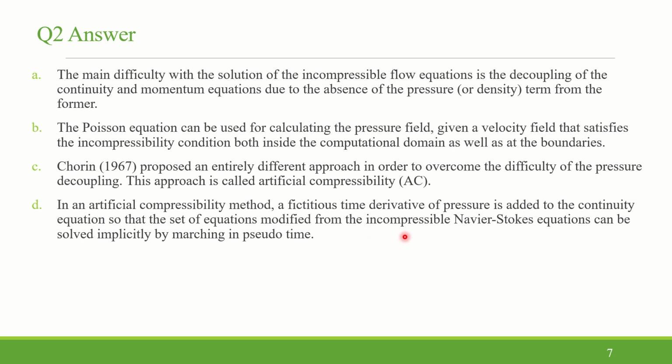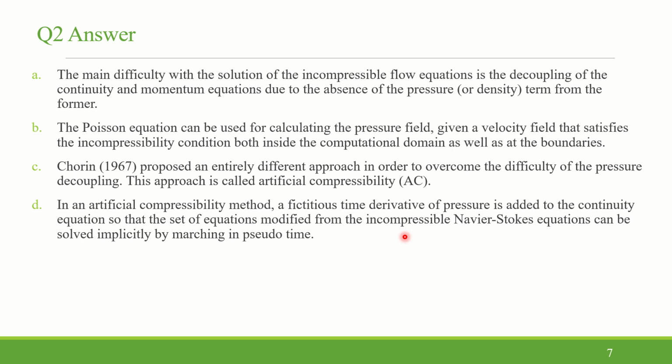pseudo time. So the main thing is in incompressible flow systems, we cannot decouple the continuity and momentum conservation equations very directly because in the continuity equation we have the absence of density.